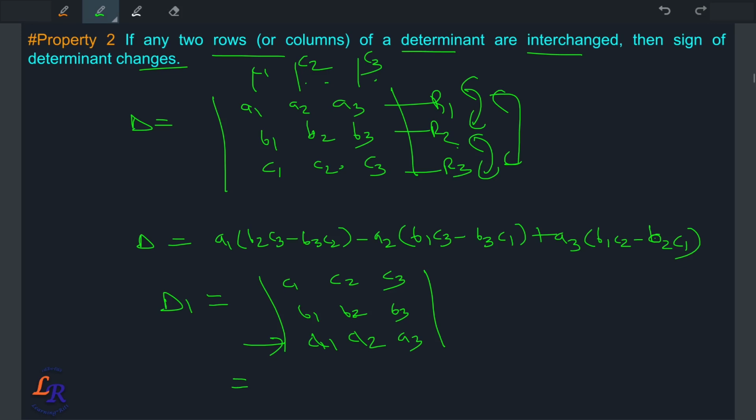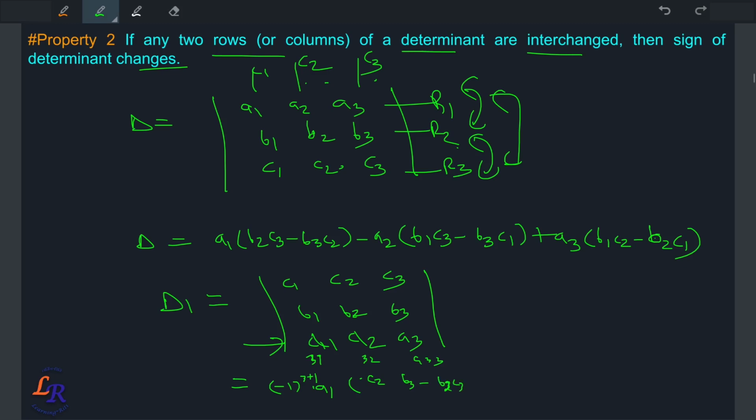Here the index for this is 3 1, this is 3 2, and this is 3 3, right? For 3 1, we take minus 1 to the power 3 plus 1, times A1, and multiply by the remaining minor, so we get B2 C3 minus B3 C2.